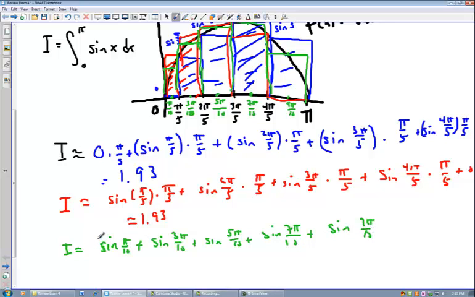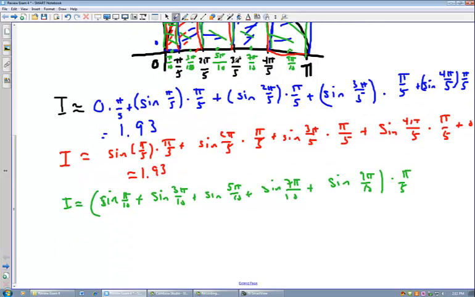And this whole thing is going to be times pi over 5. And I'm just adding up the areas of these rectangles in green. So there's 1, 2, 3, 4, 5 different rectangles I'm adding up.